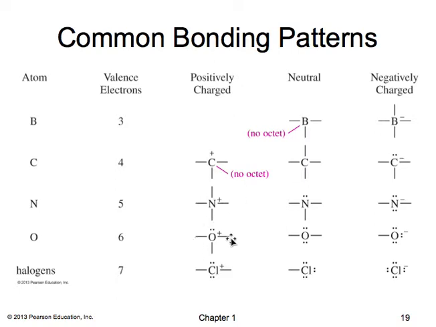One extra bond for oxygen and one extra bond for the halogens will also lead to a positive charge. For negatively charged, in the case of boron, if you add an extra bond to the boron, this will lead to a negative charge. Carbon, if you have a non-bonding pair, this will lead to a negative. Nitrogen, again, another non-bonding pair, negative. Oxygen, non-bonding pair, negative. And chlorine, non-bonding pair, negative.